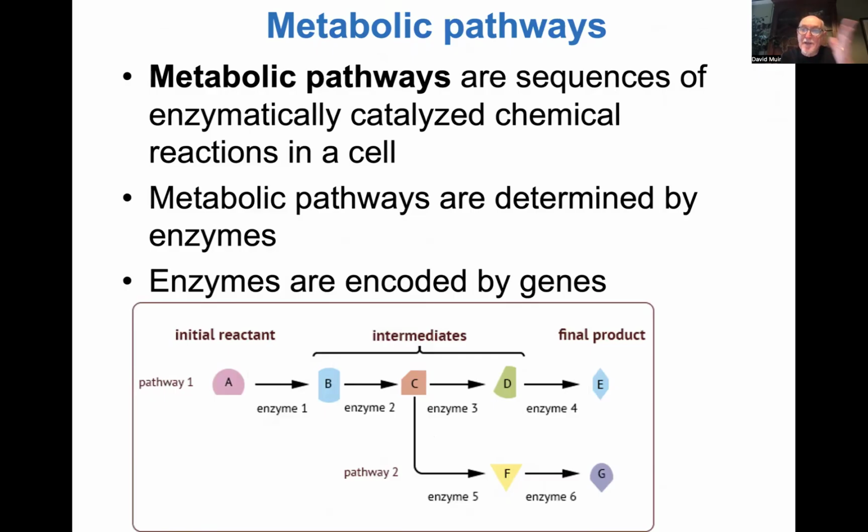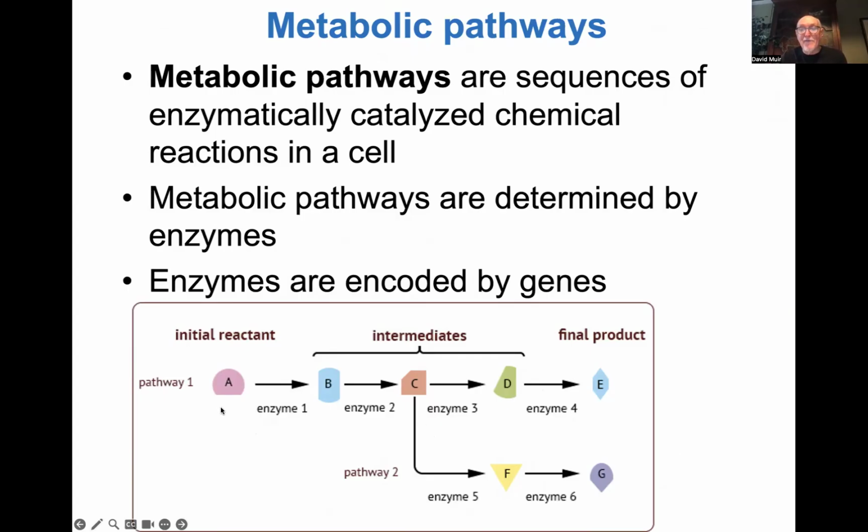Why do this? Because complexity offers control. And each reaction here is governed by its own enzyme. So here's enzyme 1, enzyme 2, enzyme 3, enzyme 4. If I can control these enzymes, I can control a whole series of reactions.